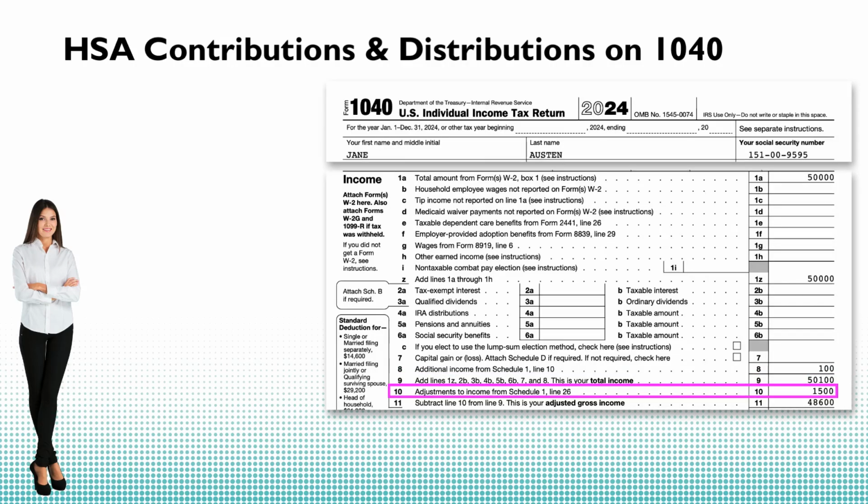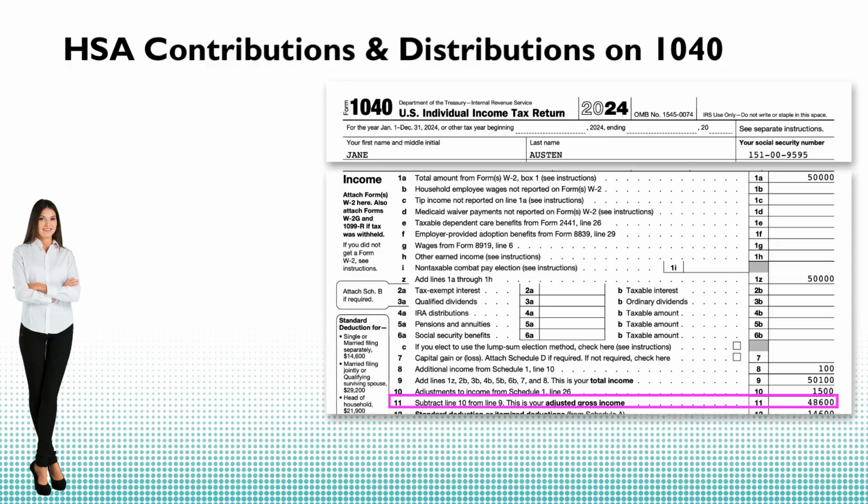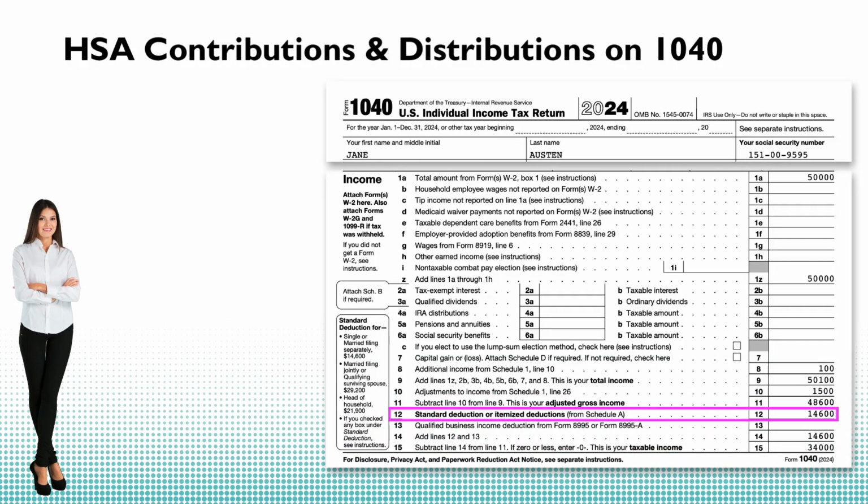She also gets to deduct her $1,500 personal HSA contribution. That's reported on Schedule 1 and Form 8889, and it lowers her adjusted gross income to $48,600. After subtracting the standard deduction of $14,600 for a single filer, her taxable income is $34,000.